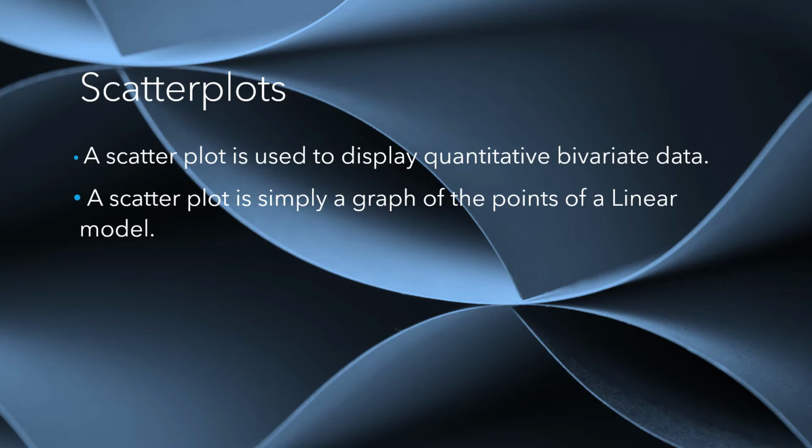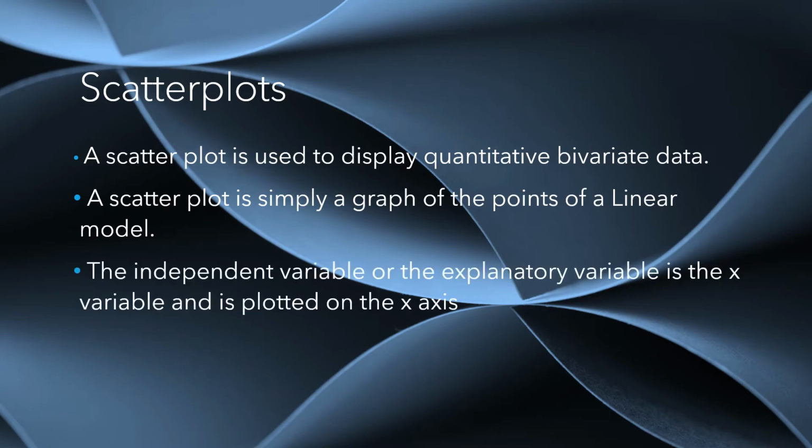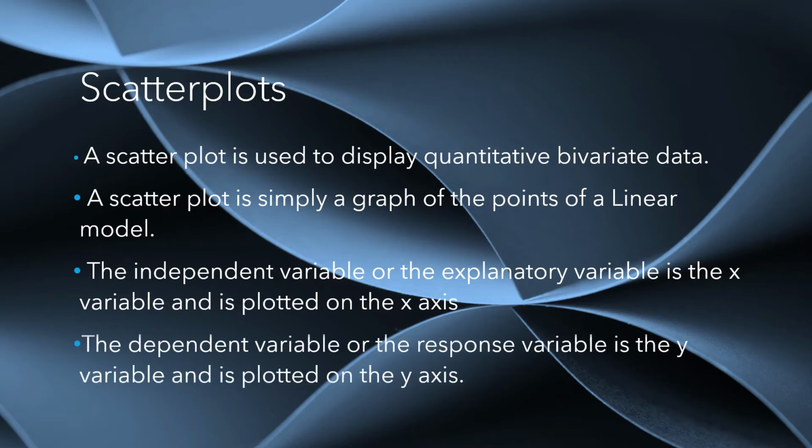So we have two unknowns, x and y. The x variable is the independent variable or the explanatory variable, and it is plotted on the x-axis. The y variable is the dependent variable or the response variable, and it is plotted on the y-axis.